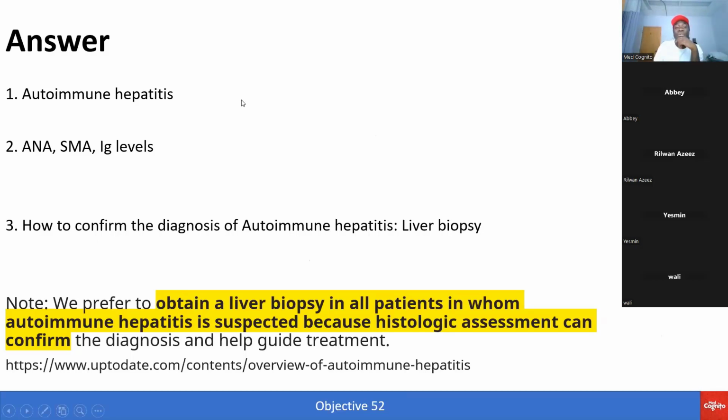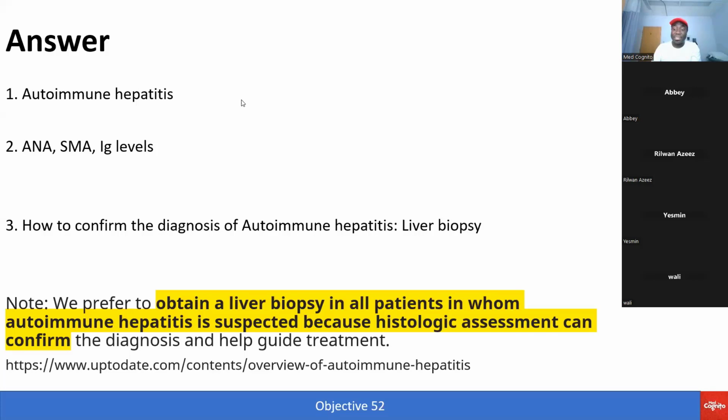UpToDate will tell you: we prefer to obtain a liver biopsy in all patients in whom autoimmune hepatitis is suspected, because histologic assessment can confirm the diagnosis and help guide treatment. So in any patient with autoimmune hepatitis, you need to do a liver biopsy.